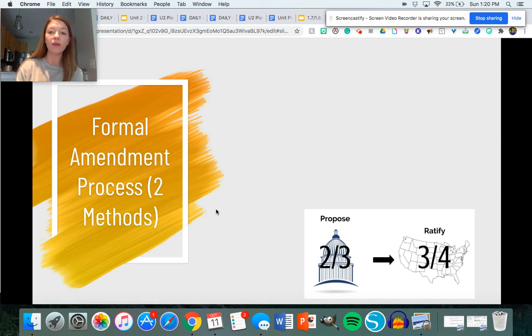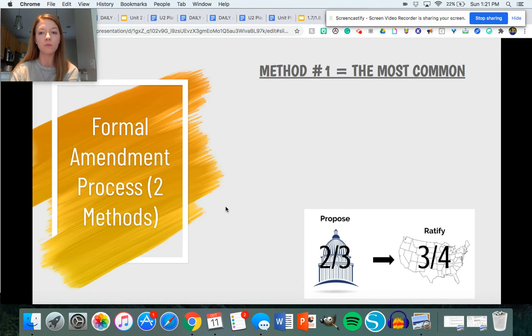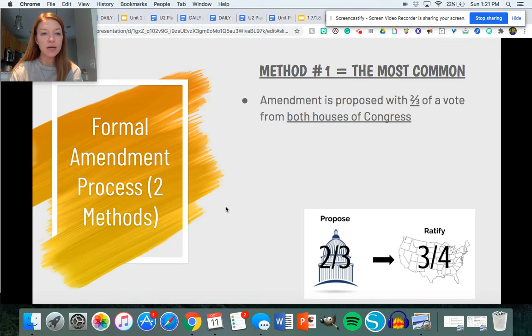Now, there is a formal amendment process. This is the only way that you can directly change the Constitution. And there are two methods for this. Method one is the most common of the two. Every amendment has to be proposed or introduced. In method one, the amendment is proposed with a 2/3 vote from both houses of Congress.